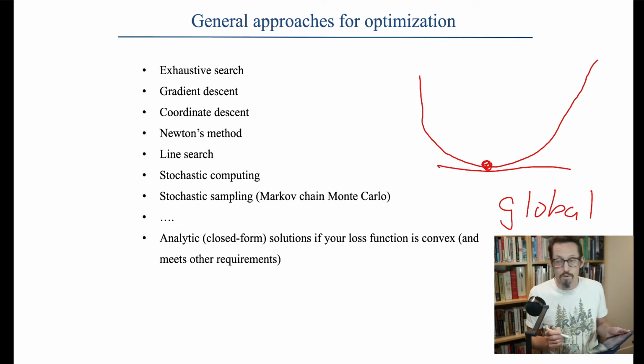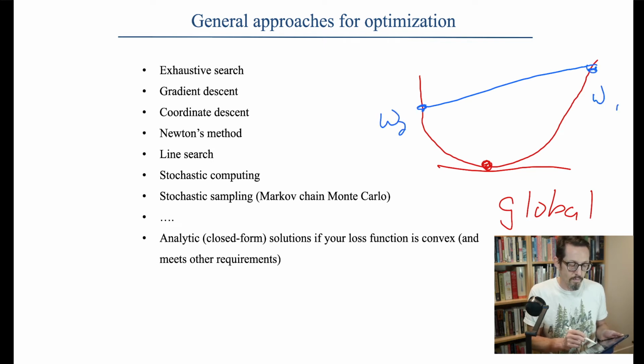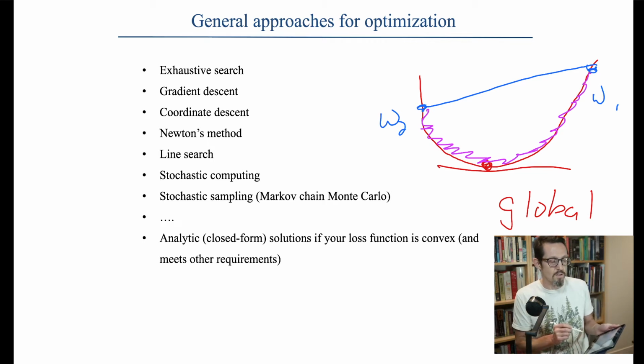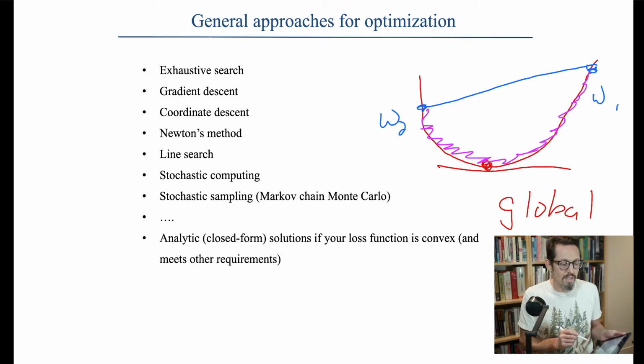And you'll remember from a super quick review that the shape is convex if you can pick any 2 points, W0 and W1, and when you draw a chord between those 2 points like I just did, everywhere that lies on the line, the loss function between W0 and W1 is at or below the location of the chord, then this thing is convex.